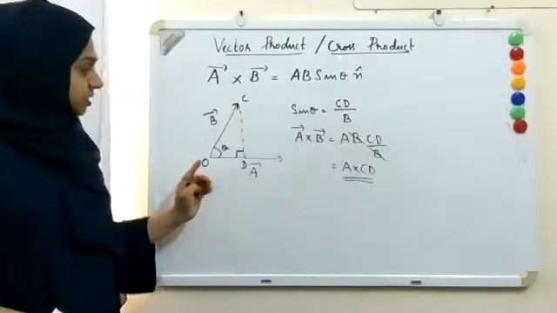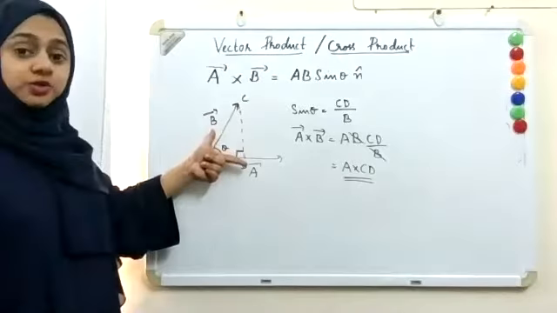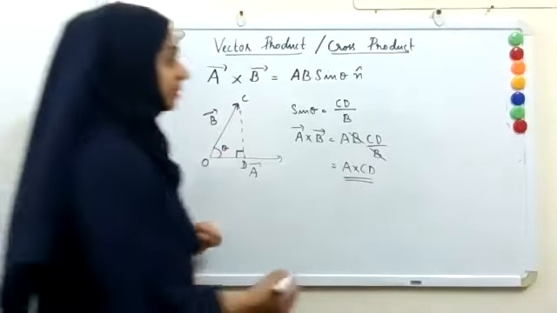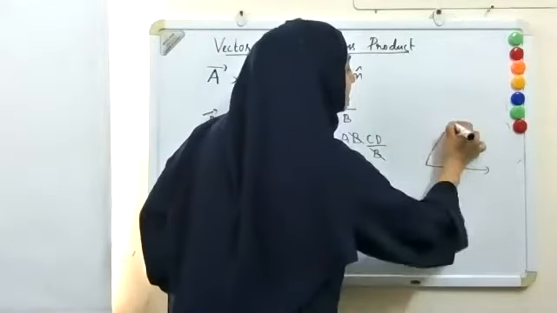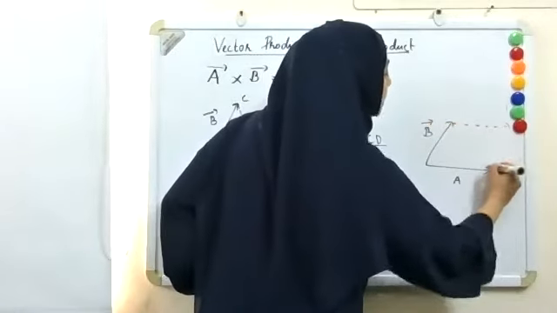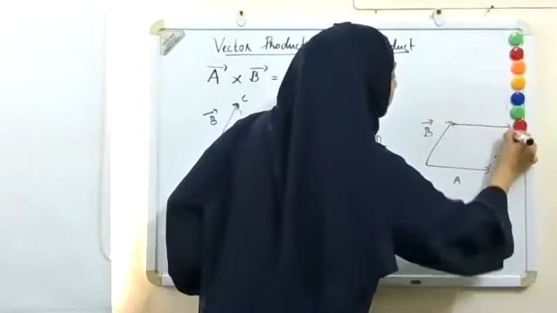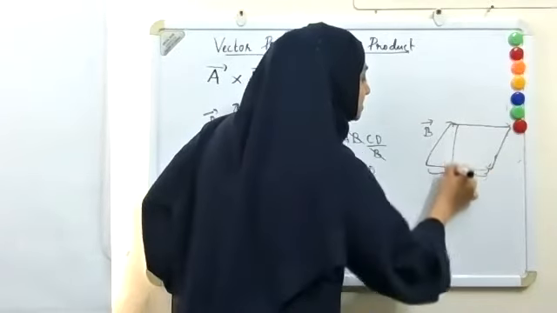Now suppose these two sides are two sides of a parallelogram. Suppose I have this vector A and this vector B, and they are two sides of a parallelogram. What is this length into height?